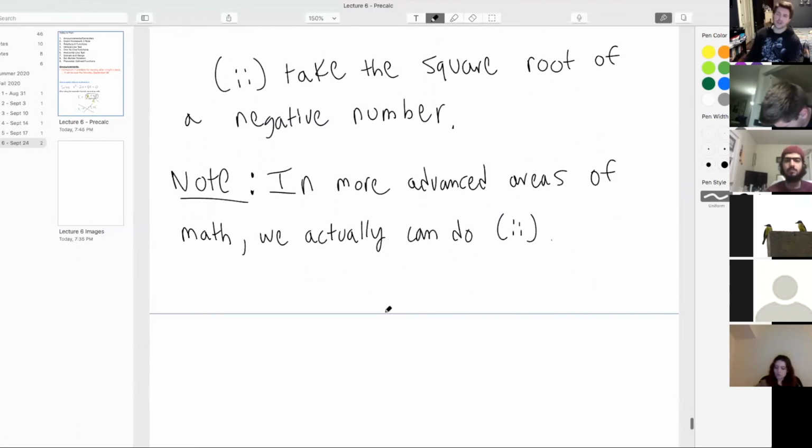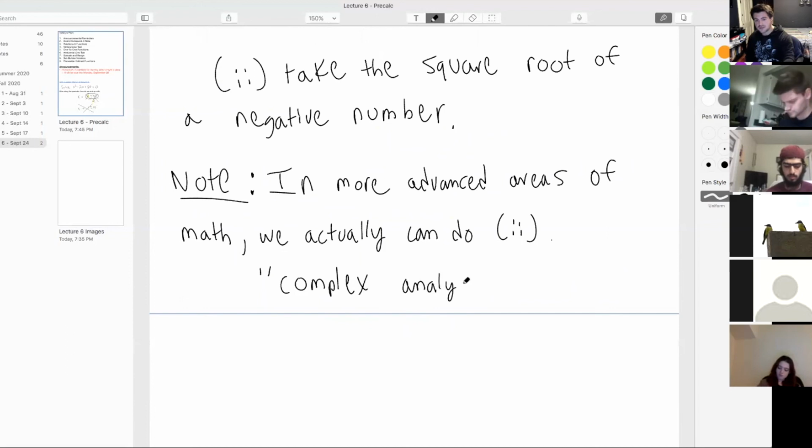So these are functions that output complex numbers, and this is a very beautiful branch of mathematics called complex analysis. All right, so that's the setting in which you can do things like that. But we're not there, so we're going to disallow it for now.